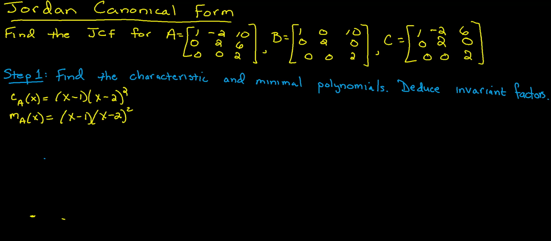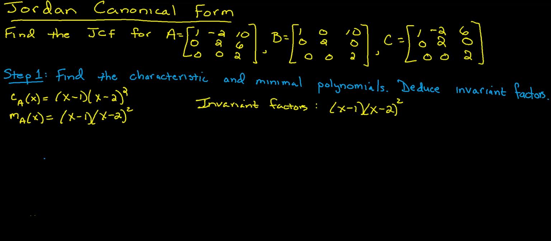And we went even further to figure out the invariant factors. And so the invariant factors for matrix A, well, we only had one, and it was x minus 1 times x minus 2 squared. It wasn't a very exciting example, but it was a good example nonetheless.